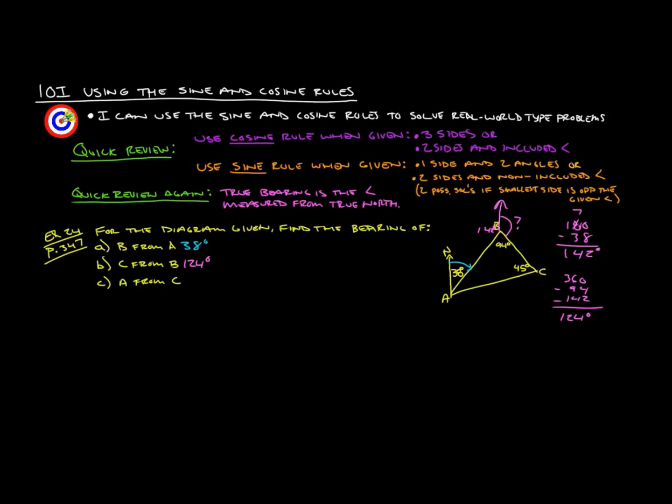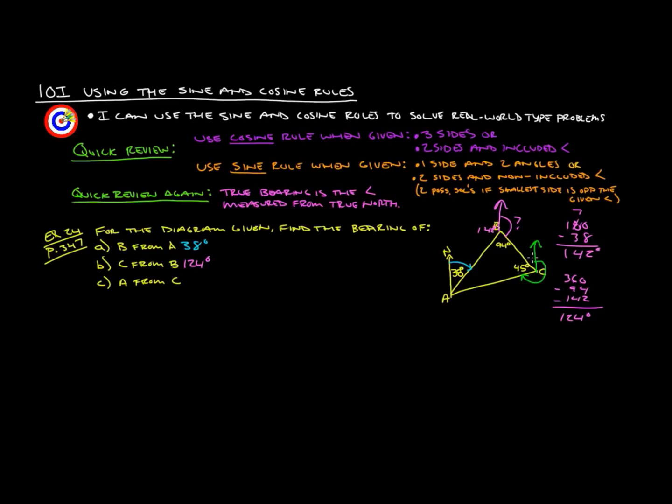Let's see if we can figure out the last one, and then away we go. Now we want to figure out the bearing of A from C, right? So we want to figure out what this angle here is. The good news is we already have this piece here.